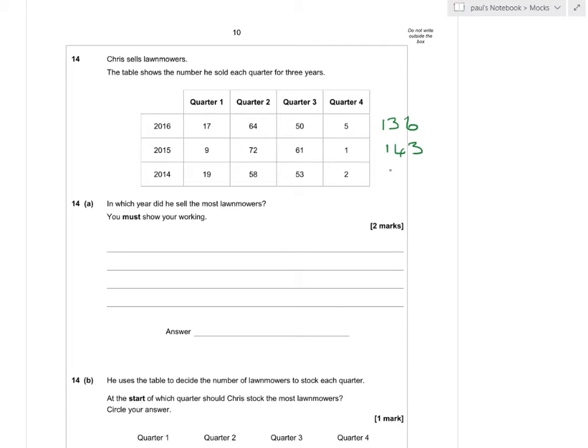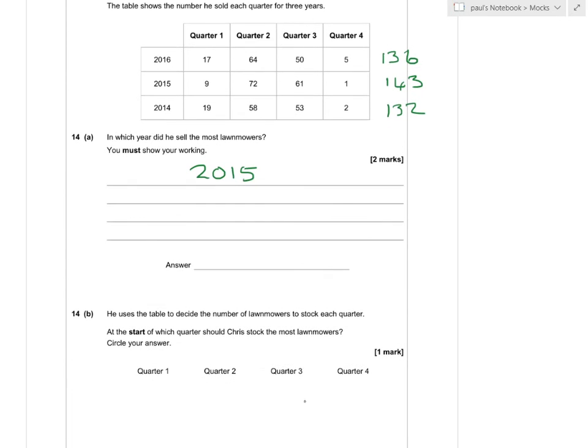And way back in 2014, he sold 19 plus 58 plus 53 plus 2 equals 132. So in 2015, he sold the most lawnmowers.